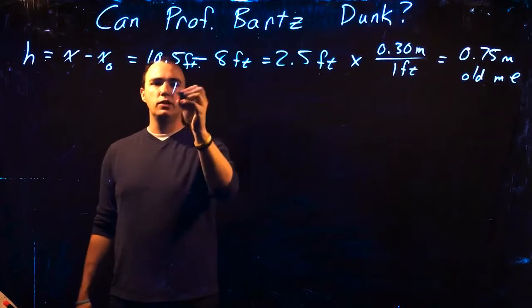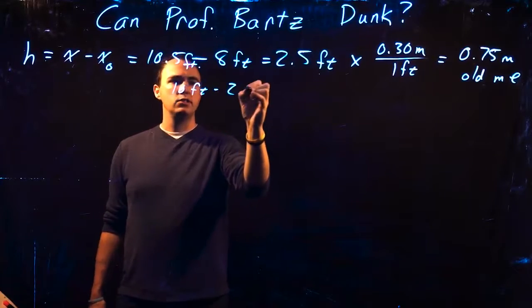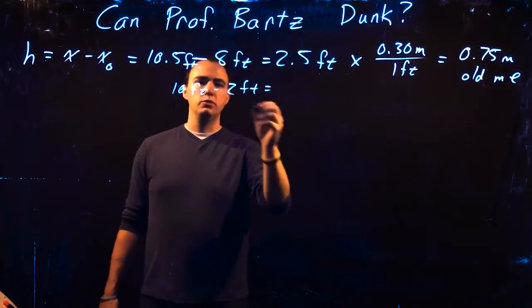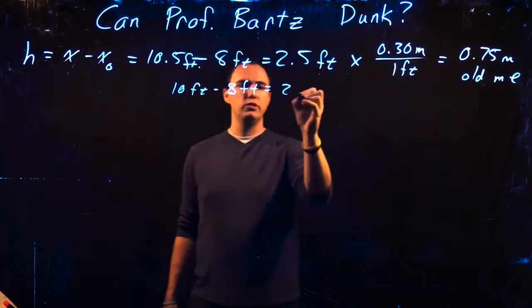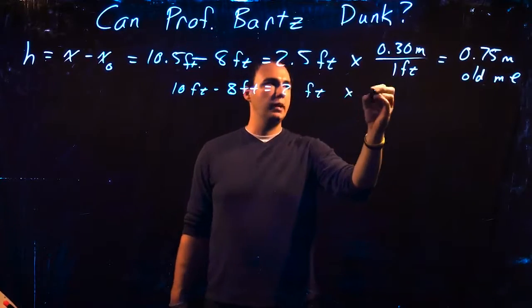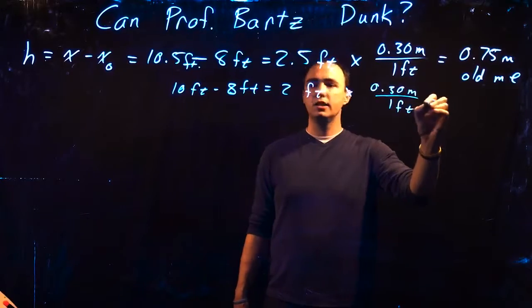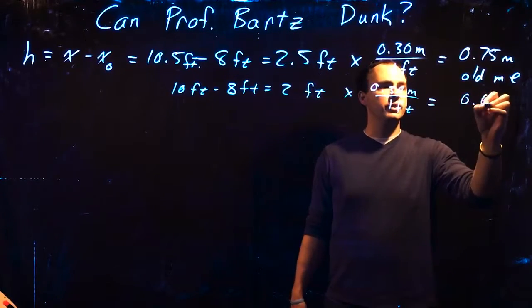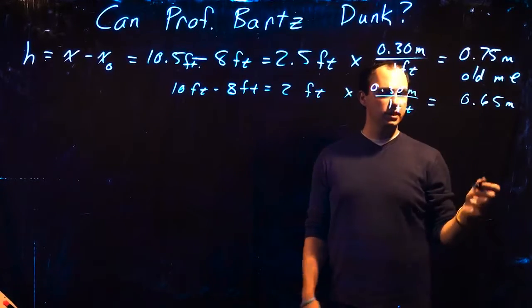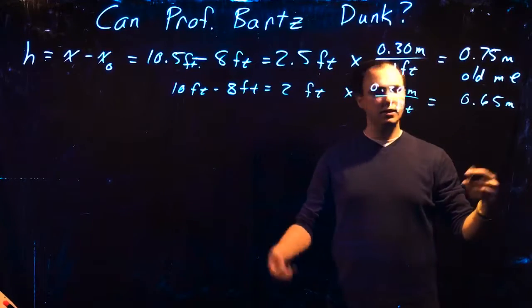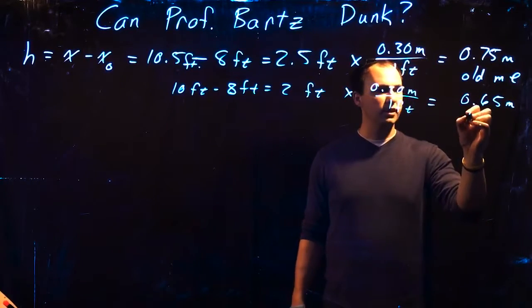And so now I can do 10 feet minus 8 feet is equal to 2 feet times same conversion to get that into meters gives me 0.65 meters. And that's the 31-year-old me.